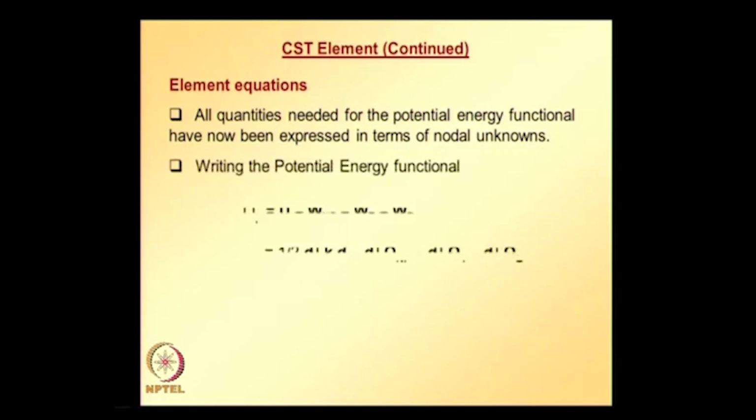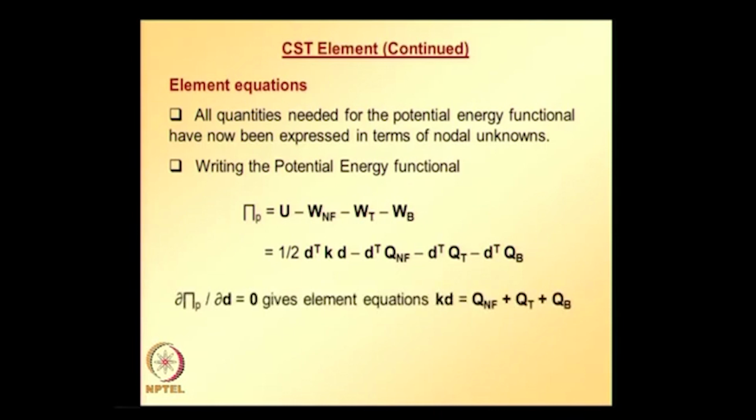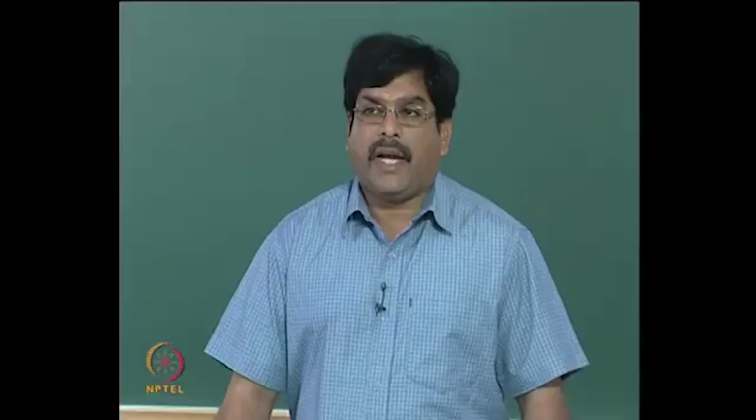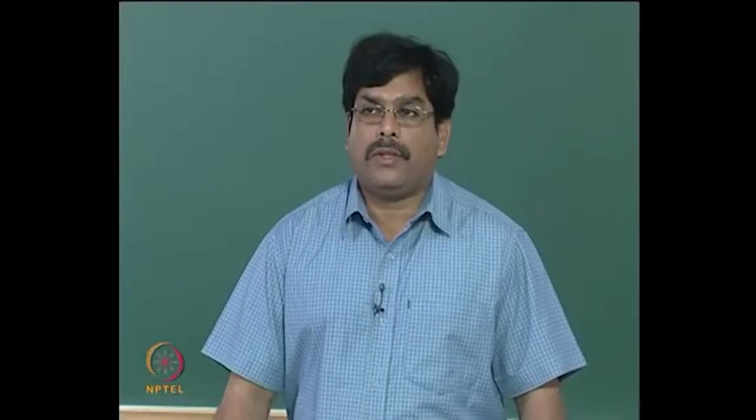Writing the potential energy functional, that is U minus W, W can have contributions from concentrated forces, tractions, and body forces. Applying the stationarity condition on this potential energy functional, we get the element equations: Kd equals Qnf plus Qt plus Qb.